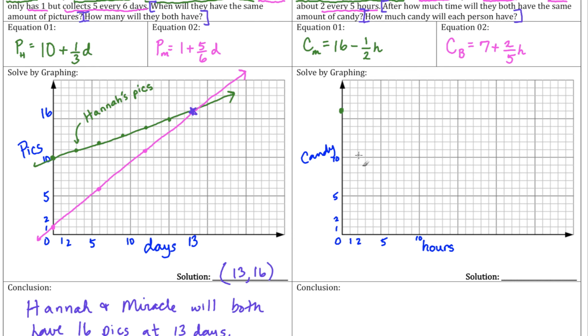And it decreases by 1 every 2 hours. So decrease by 1 every 2 hours. I'm going to keep doing this because last time I didn't go far enough. Okay, better.